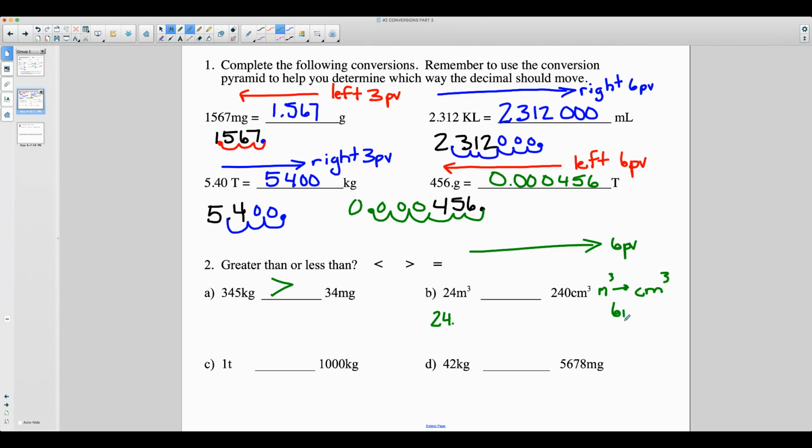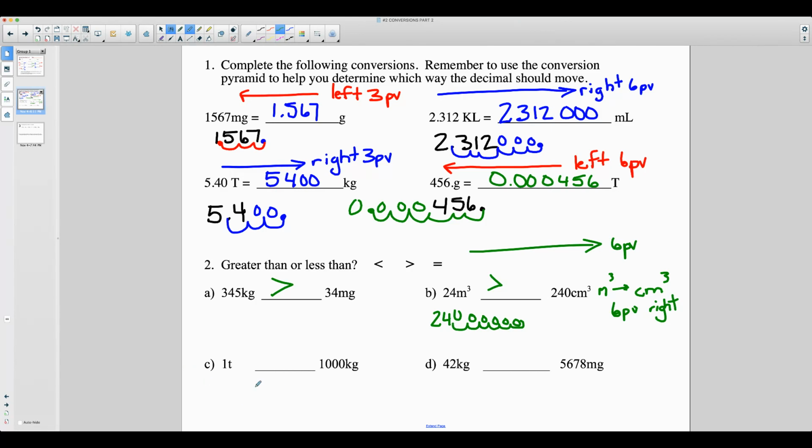So when we move that, we're going to create a big number. 1, 2, 3, 4, 5, 6. So we actually have 24 million centimeters cubed. It's not even close. So this is obviously larger.